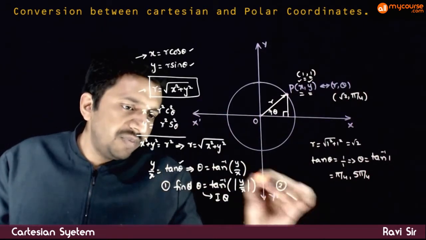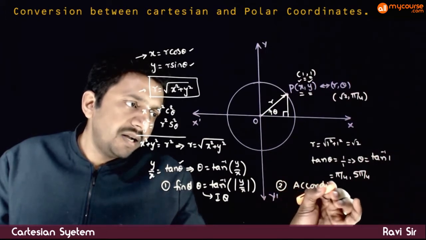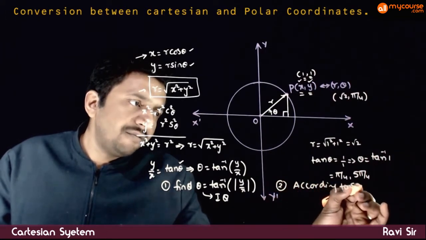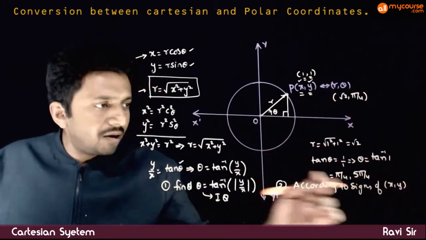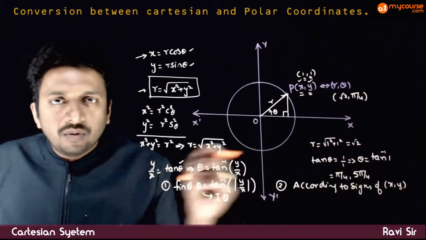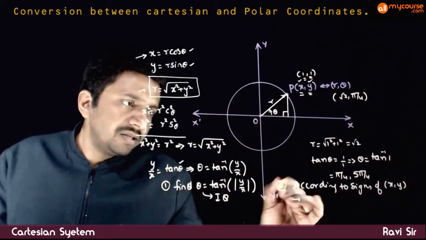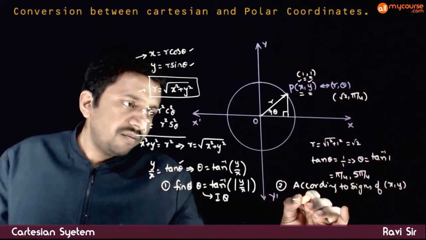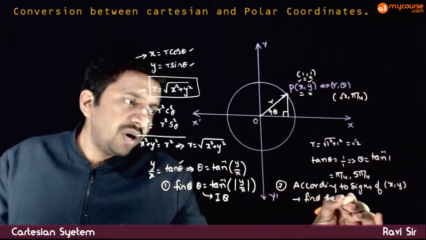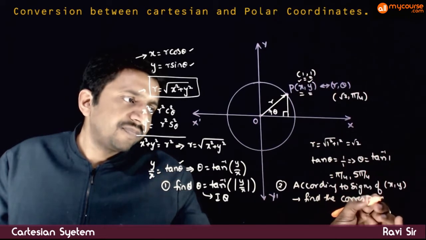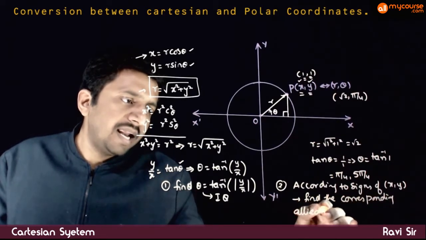So the second step will be, according to the signs of x comma y, we can find which quadrant the point lies in. So according to the signs of x and y, find the corresponding allied position, allied angle.